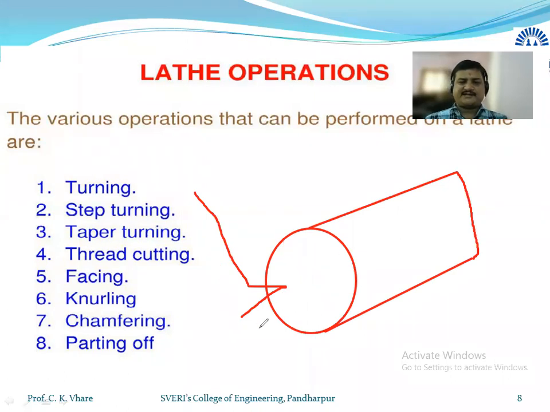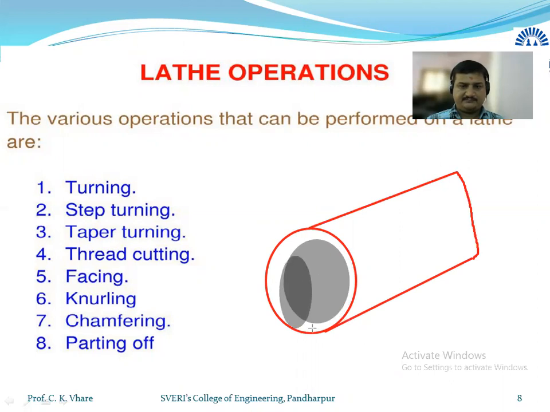Now when you look at the workpiece, you will come to know that this is the flat circular surface of your cylindrical rod. You are going to cut this part, this whole part.